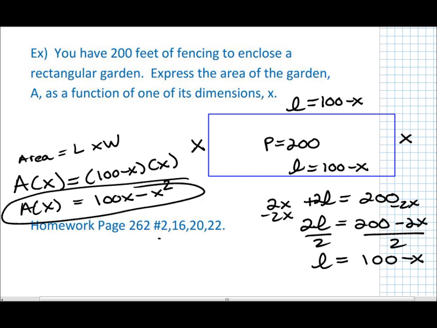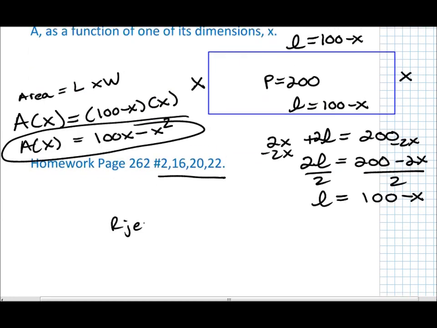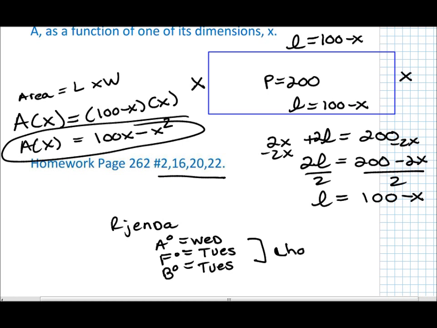Alright, there's only 4 problems to do for homework, and all of them are similar to what we just did. Also, look on our agenda on A period, Wednesday, and F and B period, I believe you look on Tuesday, and you will find the chapter 1 test review.